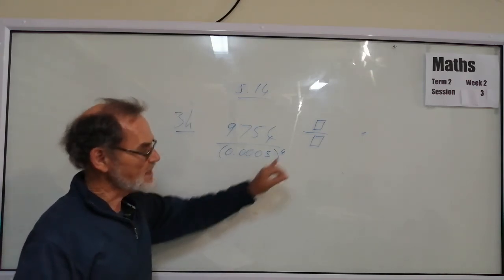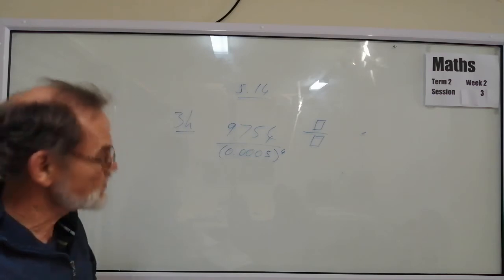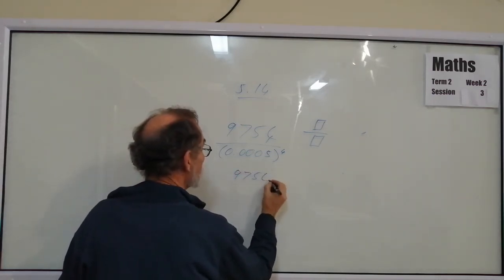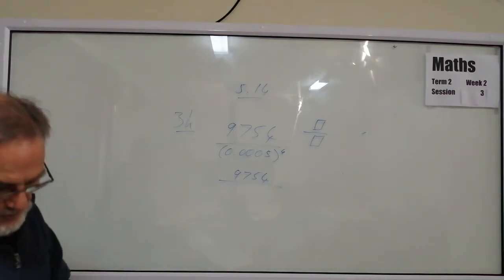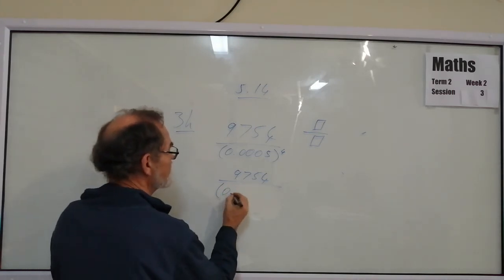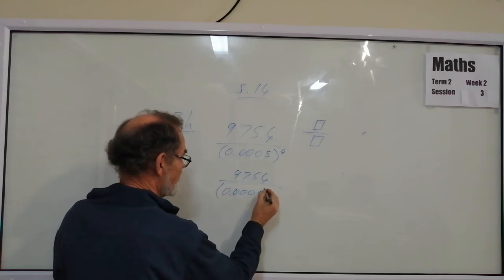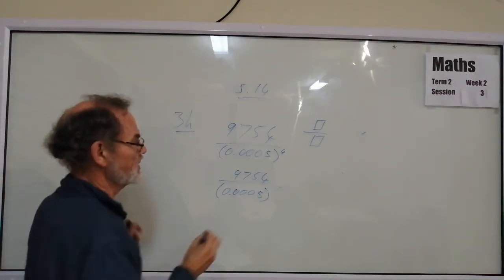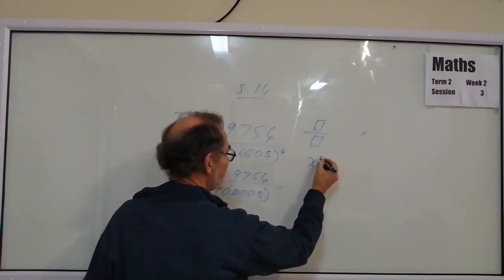When you press that key, you will get a sign like that, and then you can put your 9754 on top, and then at the bottom, use your brackets. There's brackets on the calculator. You can put first your bracket, then you put 0.0005, close your brackets, and then you'll also find a thing with an X like that with a little square above it.